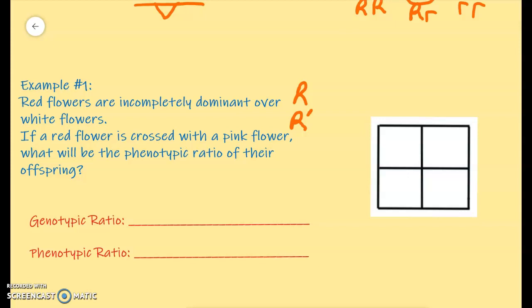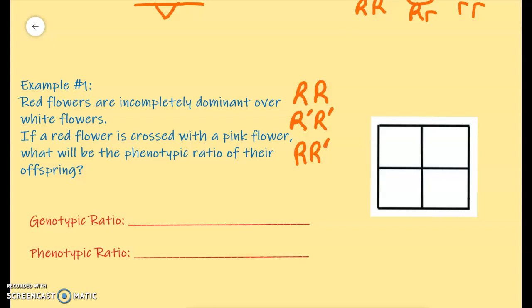So in this case, the only way to be red is you have to have two big R's. The only way to be white is you have to be R apostrophe, R apostrophe. The heterozygous condition, big R apostrophe, will give us pink.